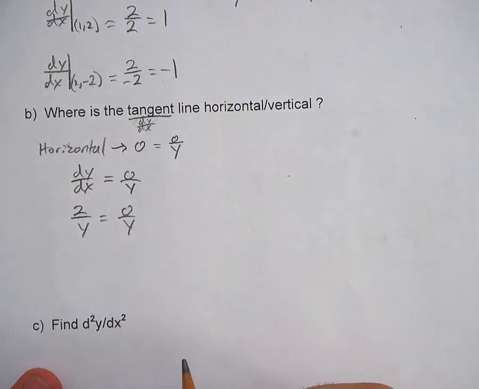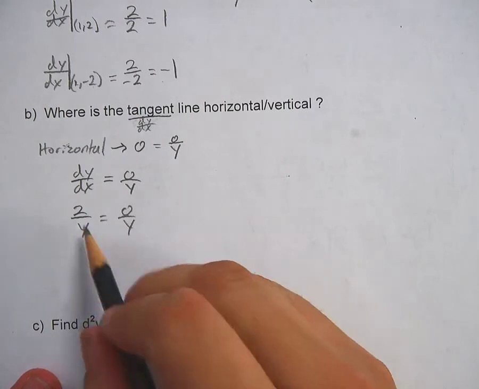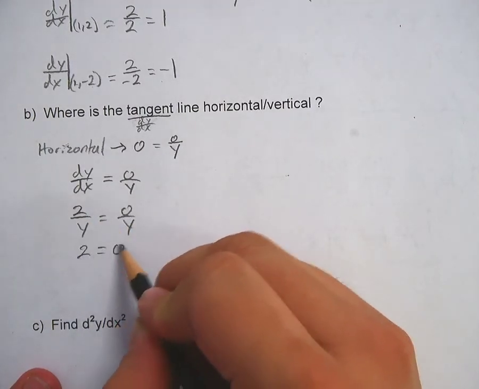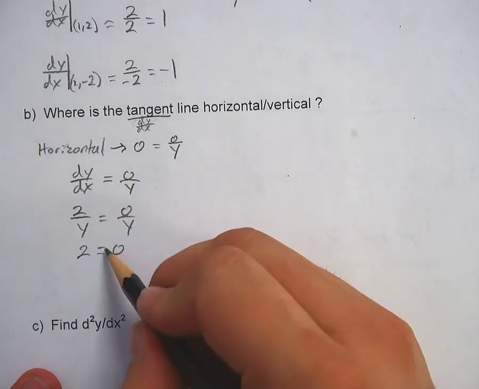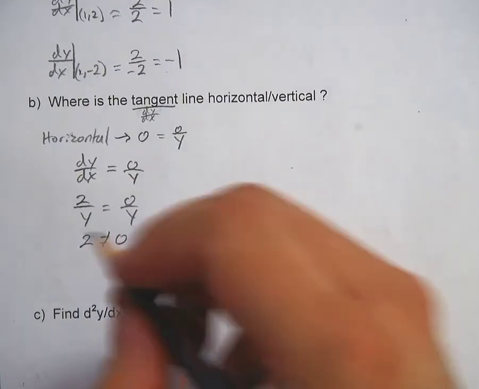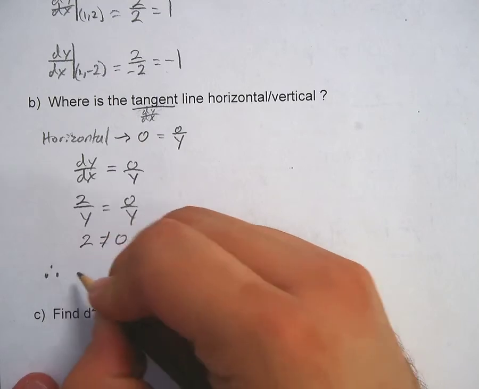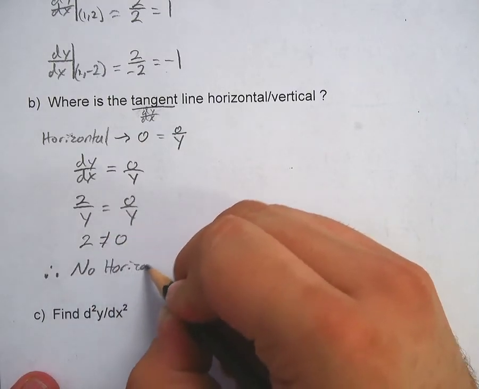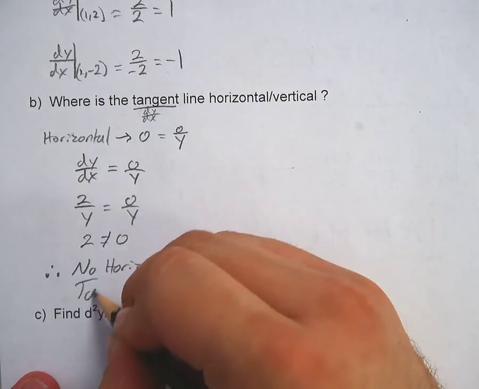Can I ever have 2 equal 0? Will 2 ever equal 0? No, it's not possible. So what that means, therefore, is no horizontal tangents.